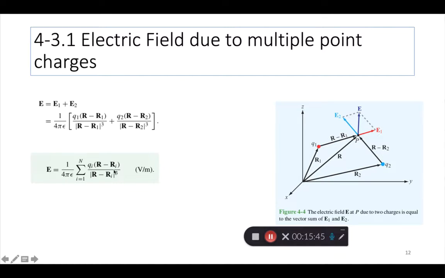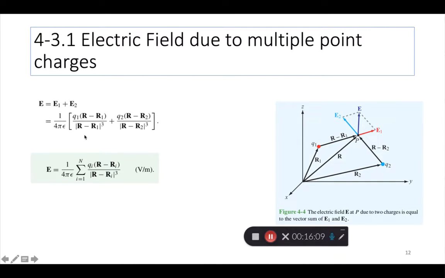You can generalize it as 1 by 4 pi epsilon, summed with n running from 1 to n depending on the number of charges. On the top you have r minus ri, so r minus r1, r minus r2, r minus r3, multiplied by the corresponding charge q1, q2, q3.